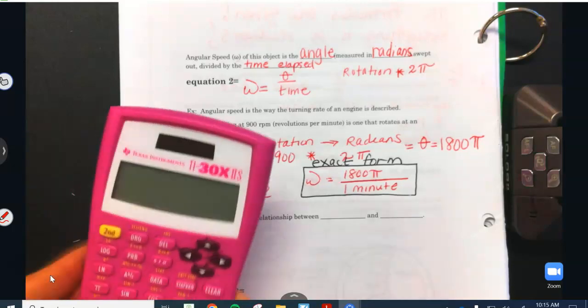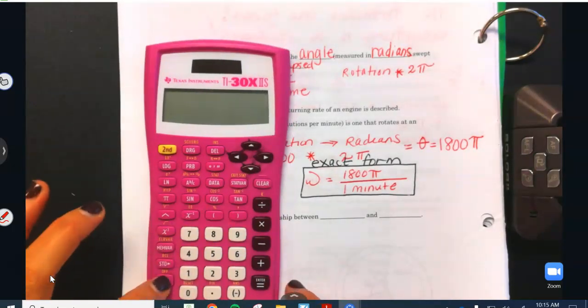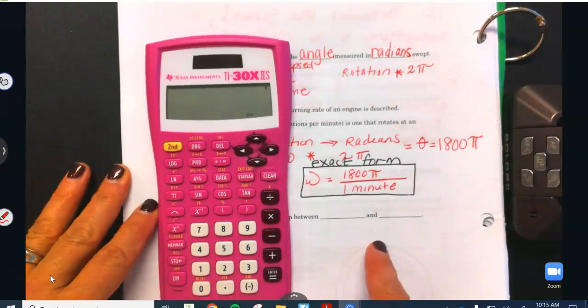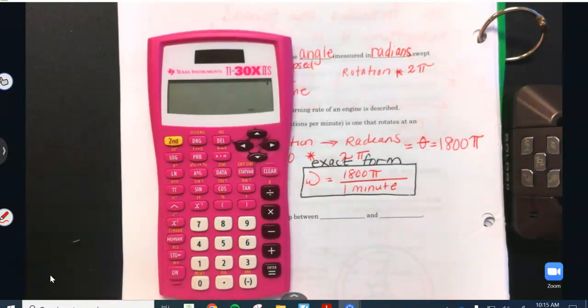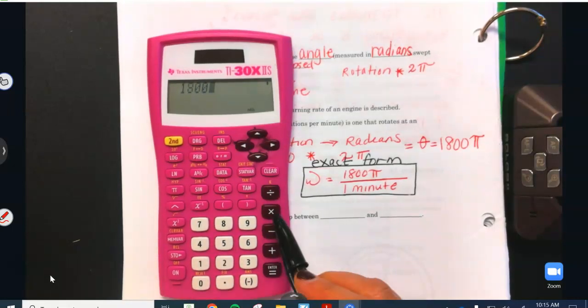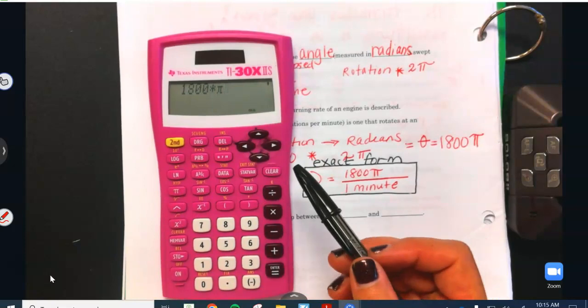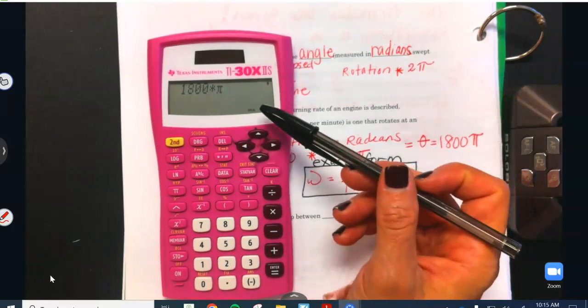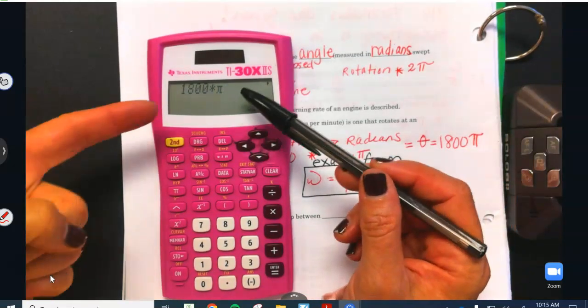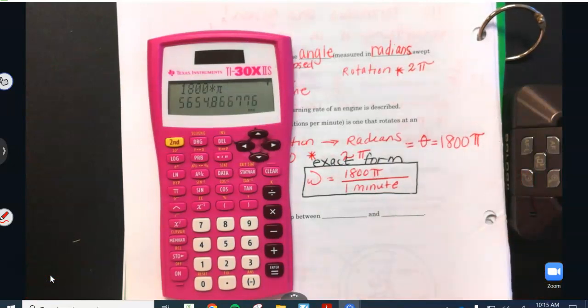Let's go ahead and convert it. Let's round. Y'all, there's a pi key on the pretty pink calculator. Y'all see it on the left? Let's do 1800 times pi. Look, as soon as I hit enter, it's rounded. That's exact form. Enter. Now it's not exact form.